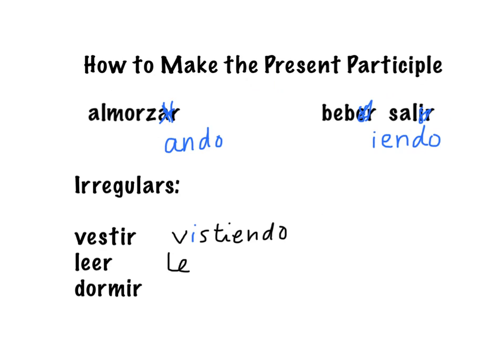Leer has a Y in it, in the ellos and el form. And we're going to keep that Y. We won't use it just for the ellos and el form, we'll use it for everybody. And dormir has a change in the preterite too. We're going to borrow that change, the letter U, to make durmiendo, sleeping.